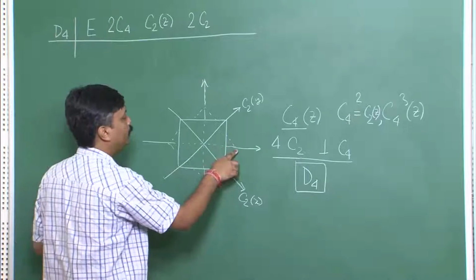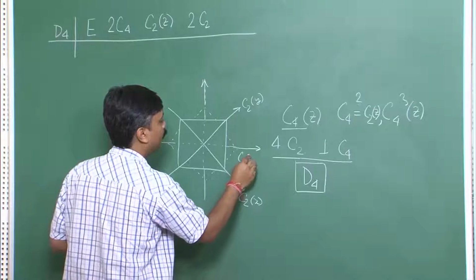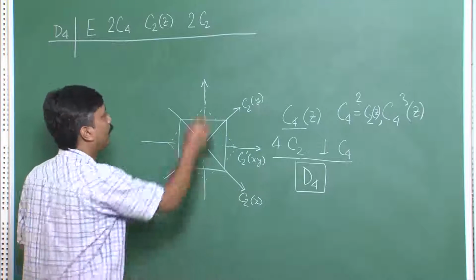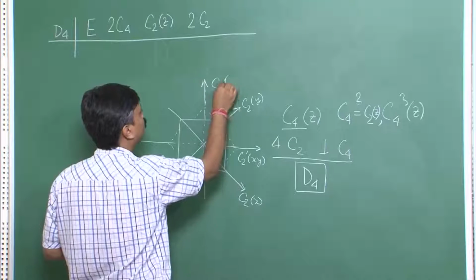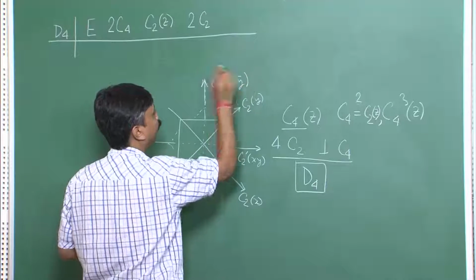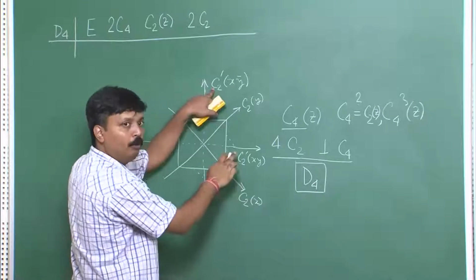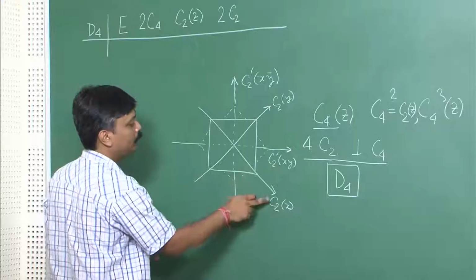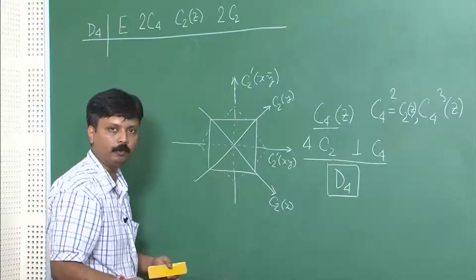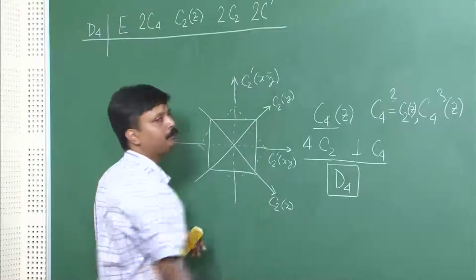So if I call this x and this y, then I will call this one C2 prime xy, and this one C2 prime xy bar, to differentiate. These 2 C2 primes will form a class, because similar to C2x and C2y, these C2 primes are also equivalent. So let me write this as 2 C2 primes.